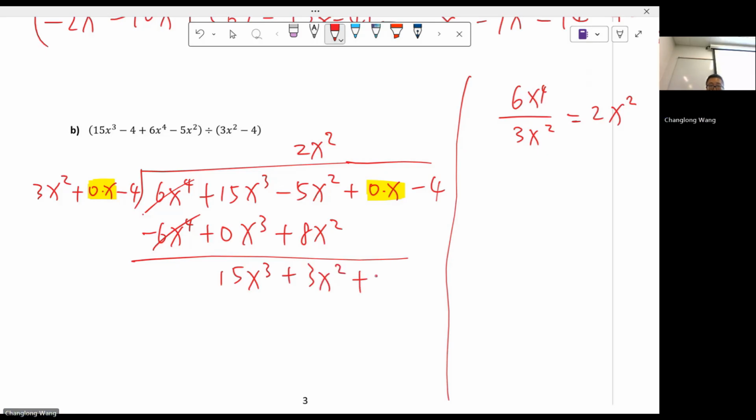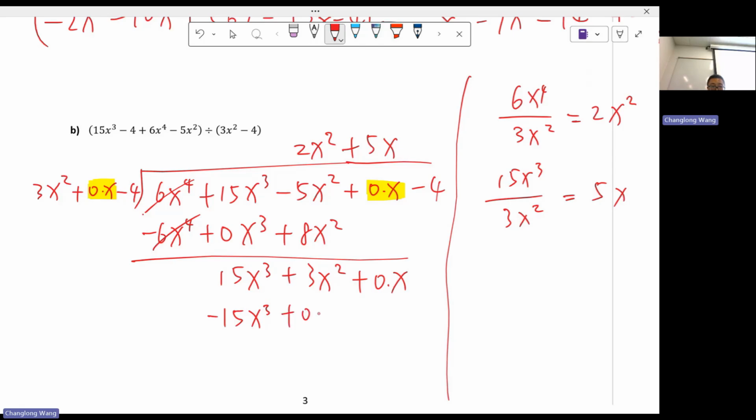Then bring down the next term, and start over. 15x to the third over 3x squared will be 5x, right? Then you put 5x here, to line up the power of x. Well, coming back, it will be negative 15x cubed after flipping the sign. There's no need to flip the sign for the 0, right? But the last term, negative 4 and a 5, you do get negative 20, but make it positive 20.